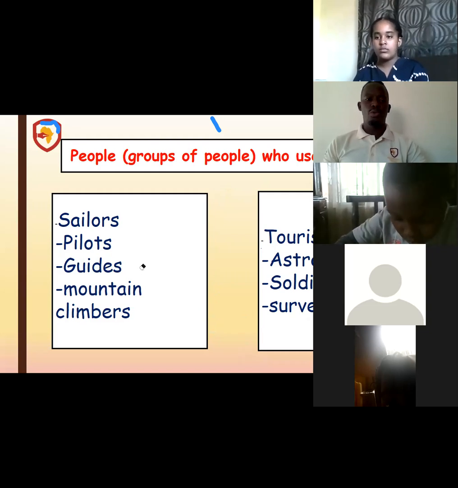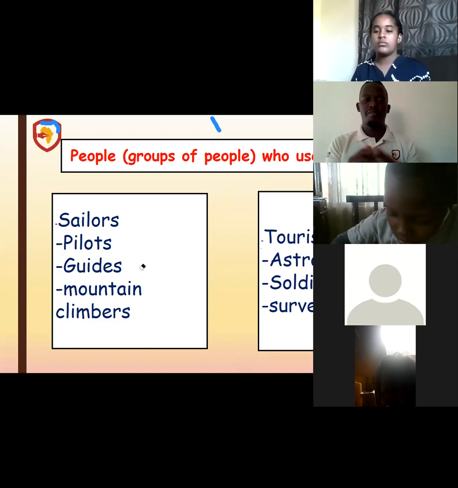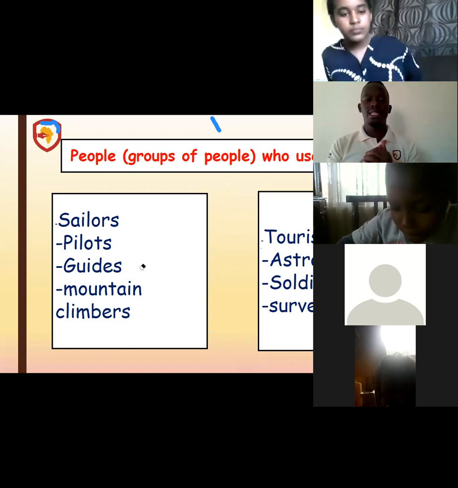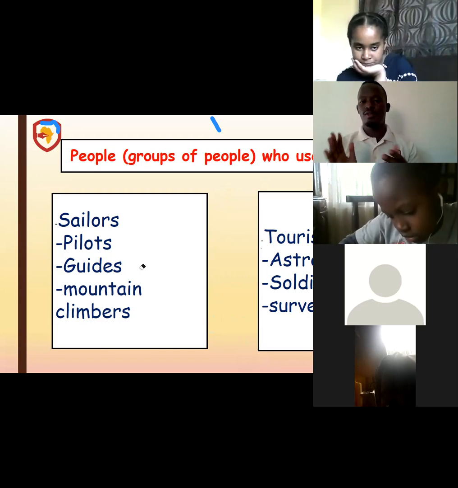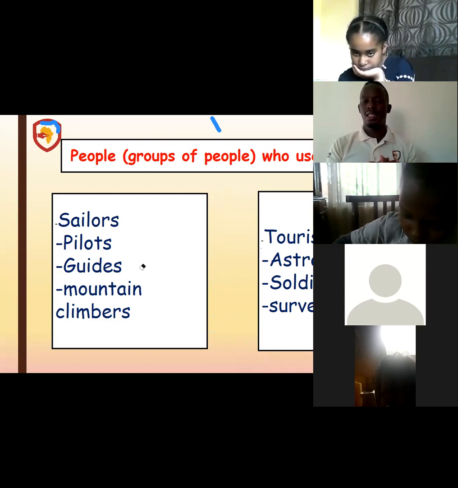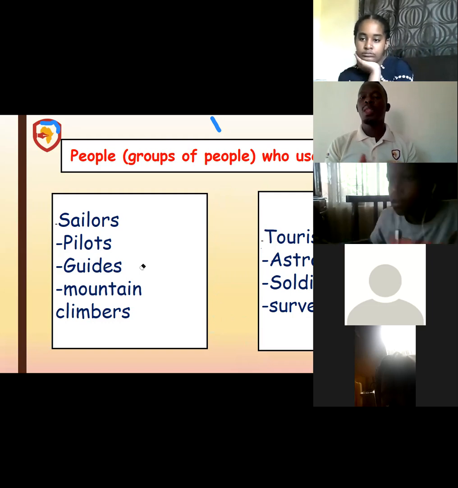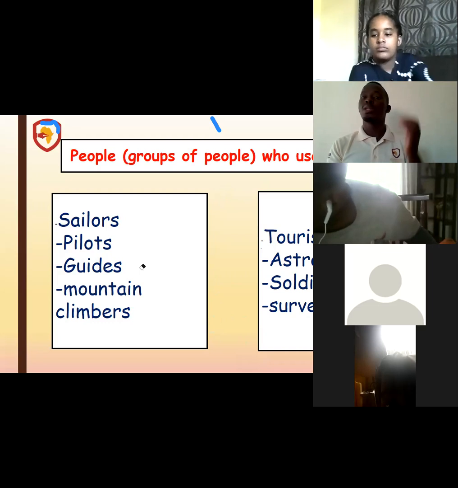On the first slide, we have sailors. These are people traveling on water. We have pilots. We have guides. We have mountain climbers. Then this side, we have tourists. We have people called astronauts, soldiers or the army, and surveyors, okay? Astronauts are people who move to the sun or to the moon.